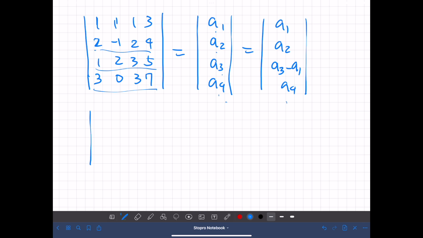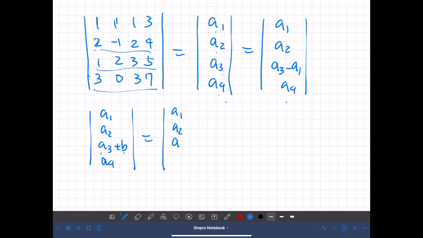There is this theorem: if you have the sum of two vectors, let's say A3 plus B, in the third row, it can be any row but let's pick the third row, then we can split the determinant.